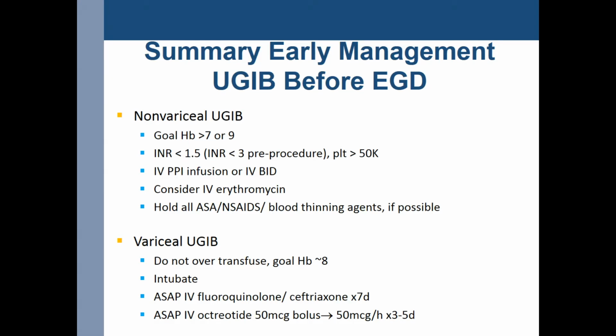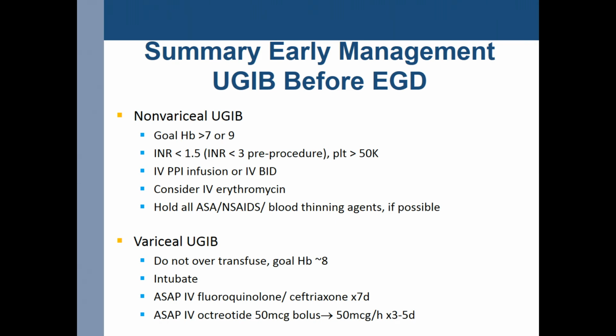And certainly if they are on anticoagulants and antiplatelet agents, you should confer with the appropriate consulting teams, whether it be cardiology or neurology, to have them on board. For variceal upper GI bleeding, again, it's important not to overtransfuse these patients, and the goal hemoglobin is about 8, because you don't want to plump out those esophageal varices and make them bleed even more.